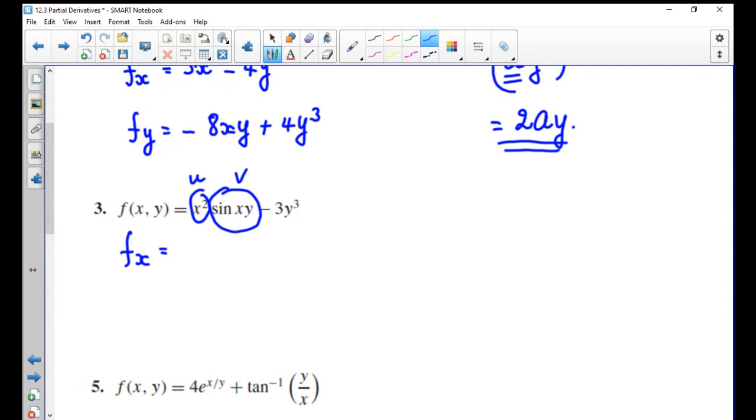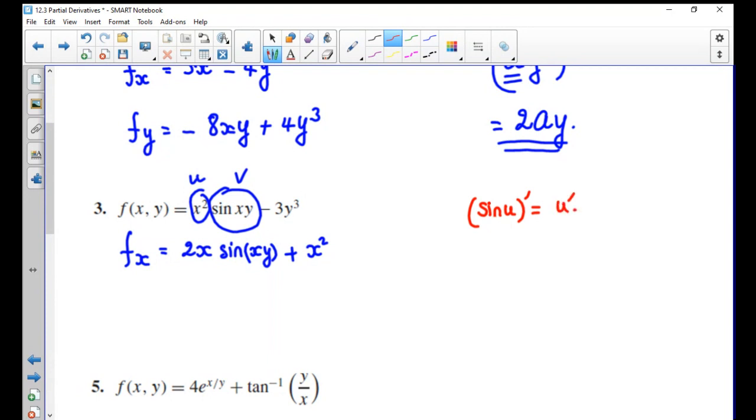So it's going to be 2x sine xy, I can put this in bracket if I want, plus x squared then the derivative of sine is cosine. But you have to be careful here that this function is like sine u. What is the derivative of sine u?